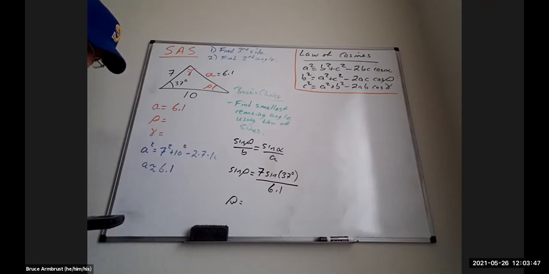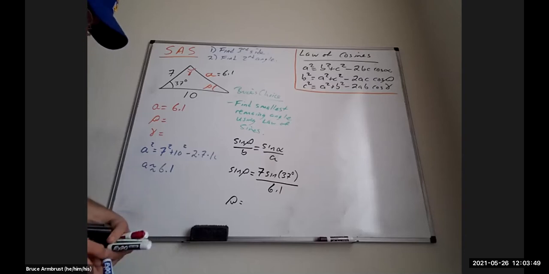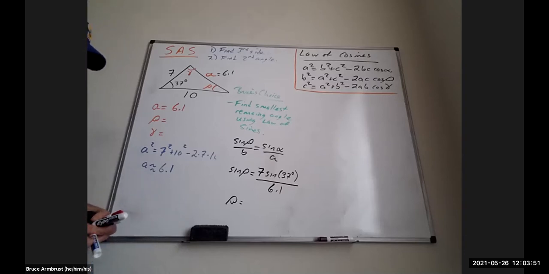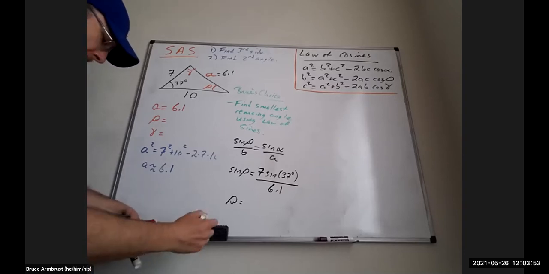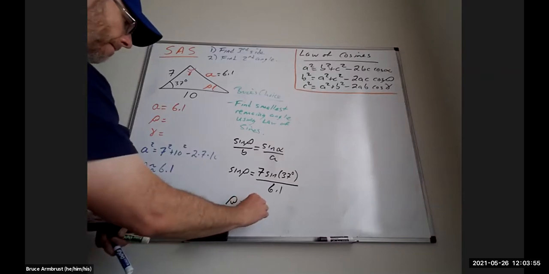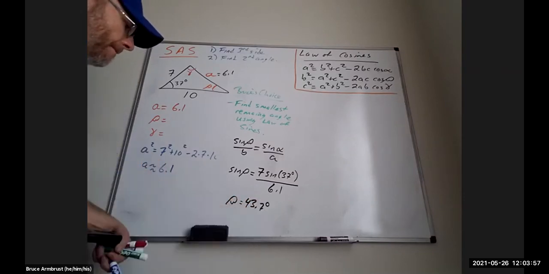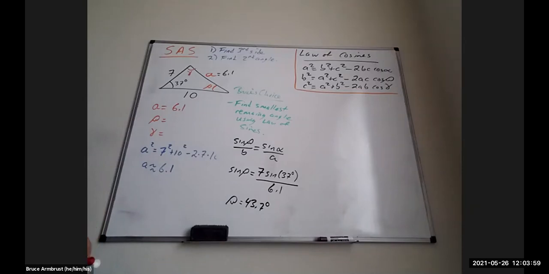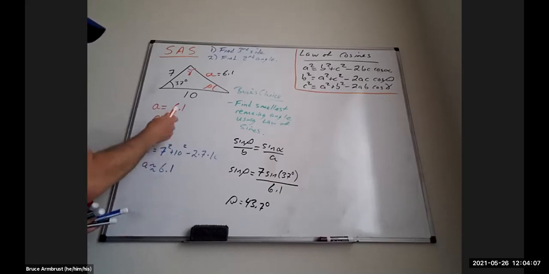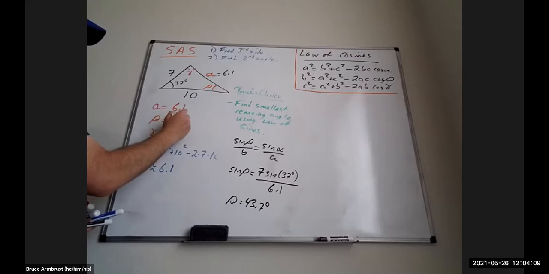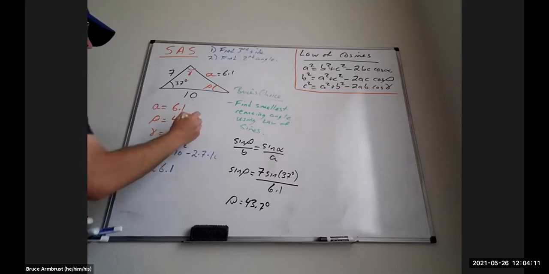And what I get is 43.7 degrees. All right, so I'm going to put that in here for my beta. It's 43.7.